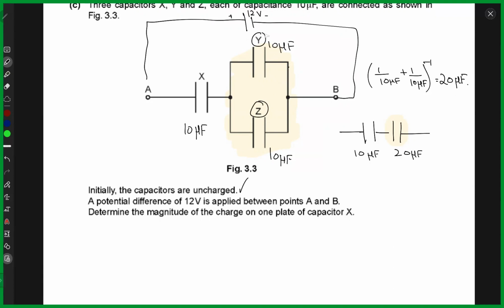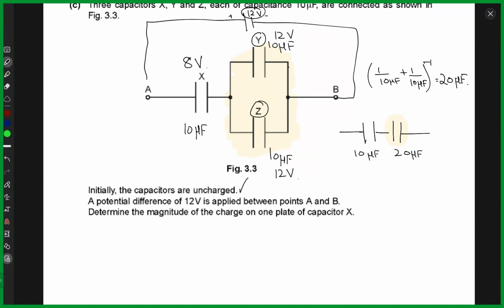If I measure it across this capacitor, it should be the same as the one coming from the battery. That's 12 volts, and this should also be 12 volts. But in series, it is divided into the algebraic sum, which means that we would be left with 8 volts over here.